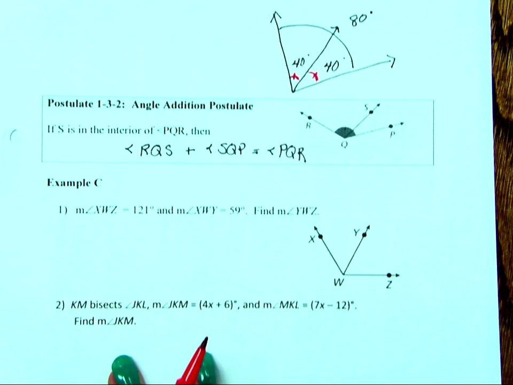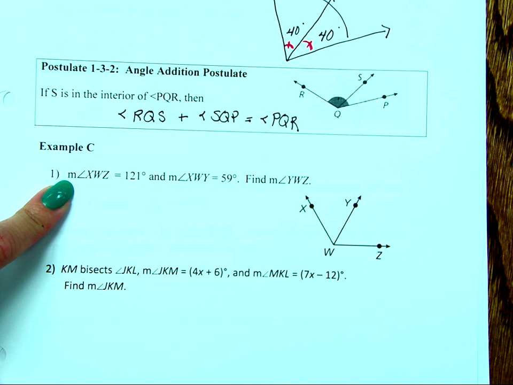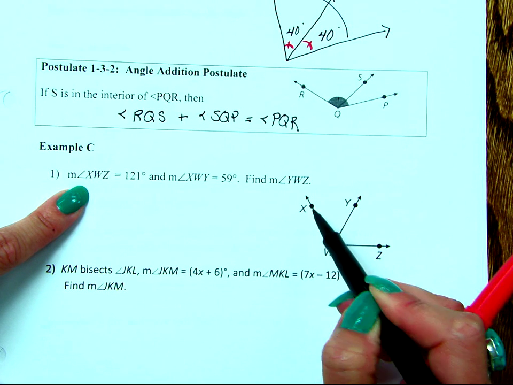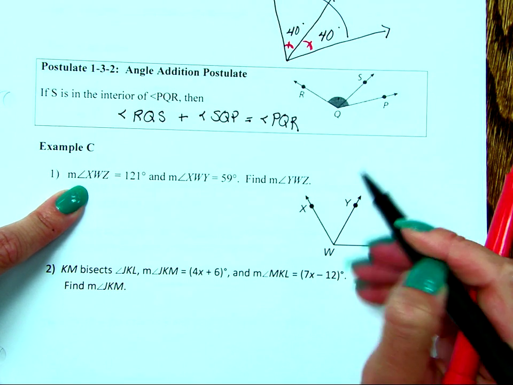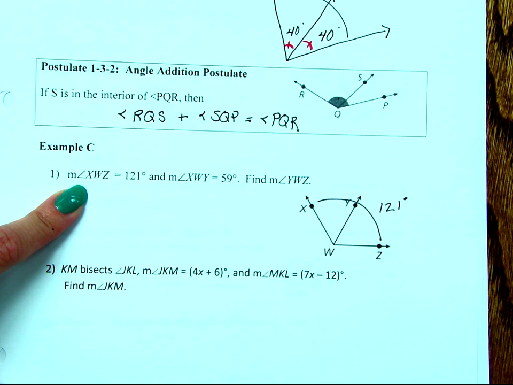In example C, we're using our angle addition postulate. You'll notice they have a little m here. That means measure. The measure of angle XWZ is 121. The measure of angle XWY is 59. Can we find the measure of YWZ? We'll first start by labeling what we know. XWZ, if you go to find that angle in that order, that's telling me that the whole angle has a measure of 121, the larger one.